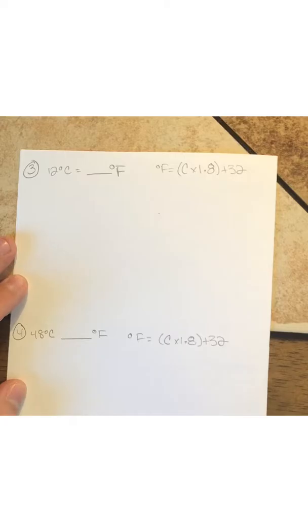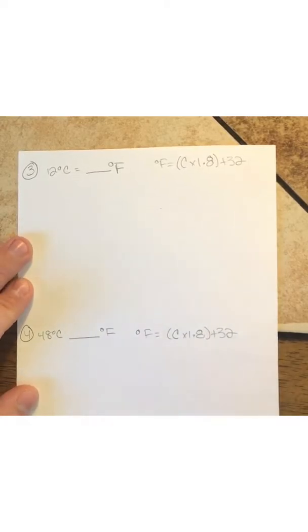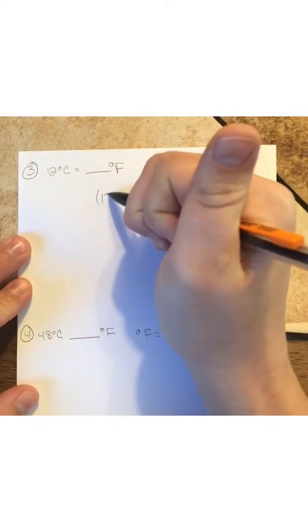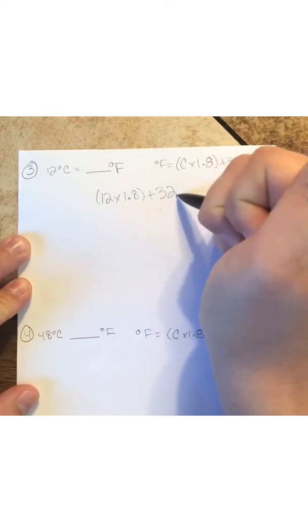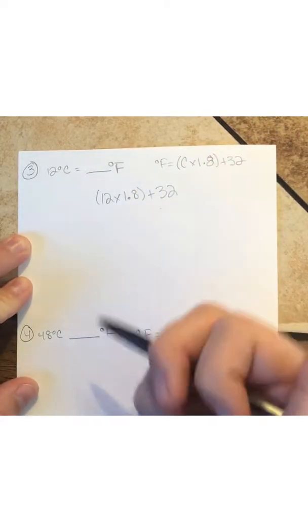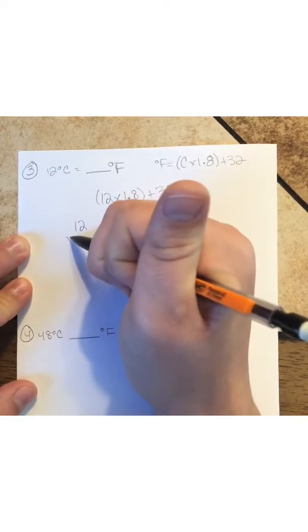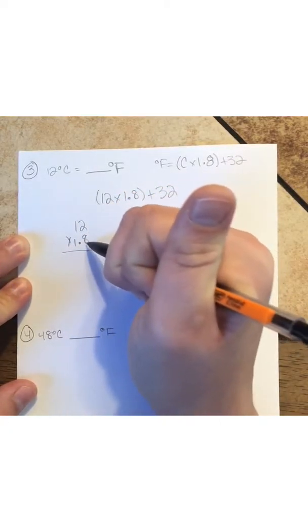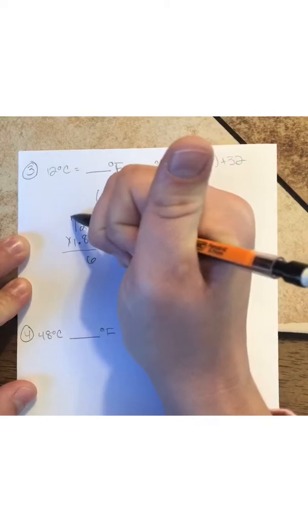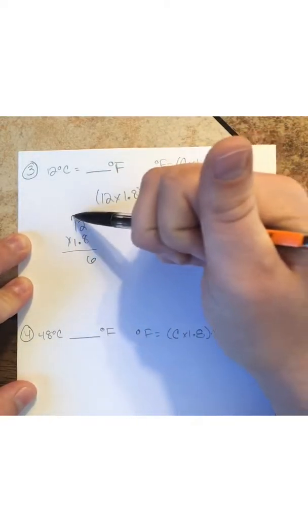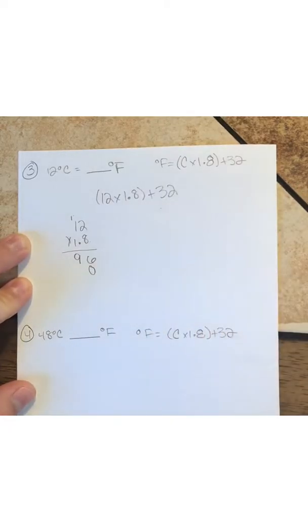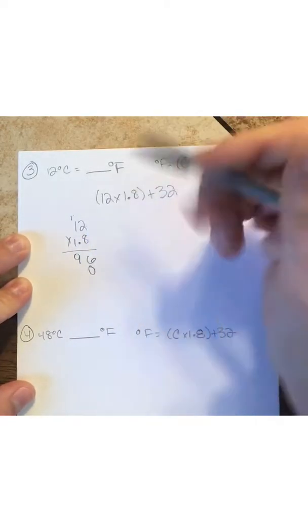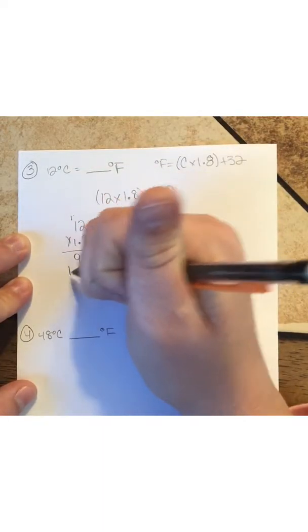All right, for this next one, I'm going to be doing 12 degrees Celsius. So I'm going to plug that into my equation. 8 times 2 is 16, carry over the 1. 8 times 1 is 8, plus 1 is 9. Make sure you put your 0 in your second column there. 1 times 2 is 2, 1 times 1 is 1.